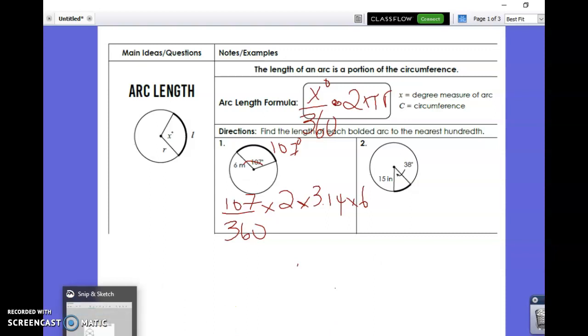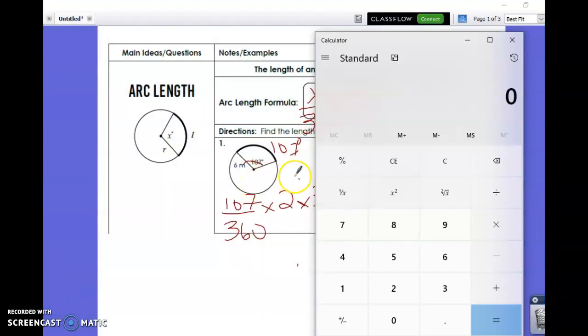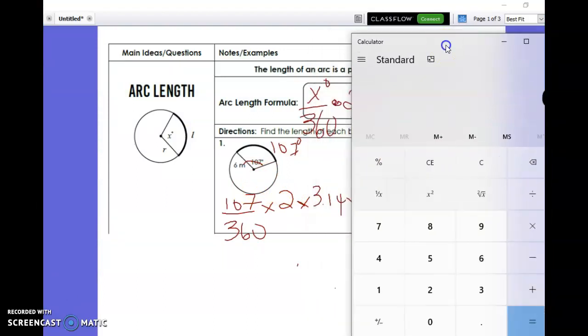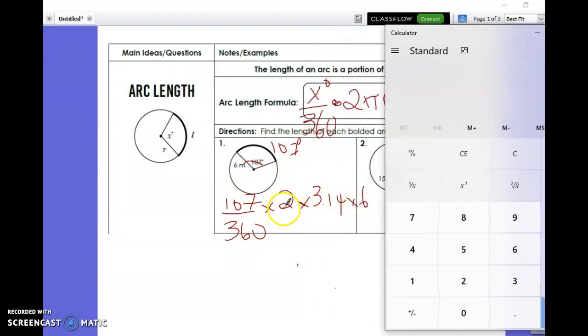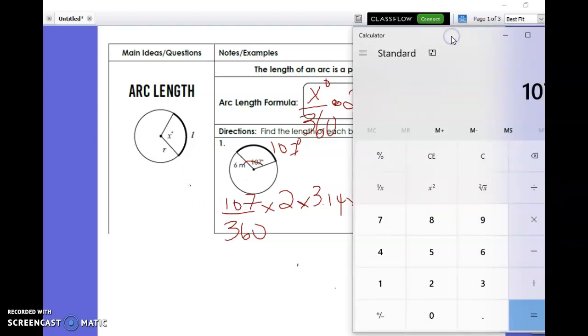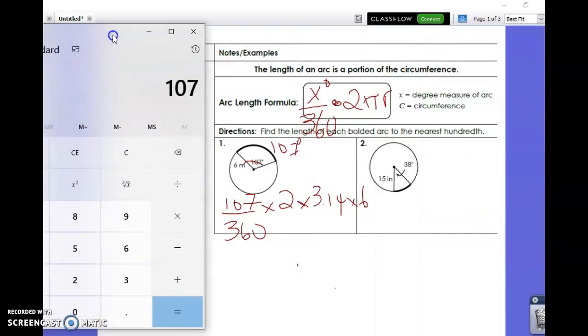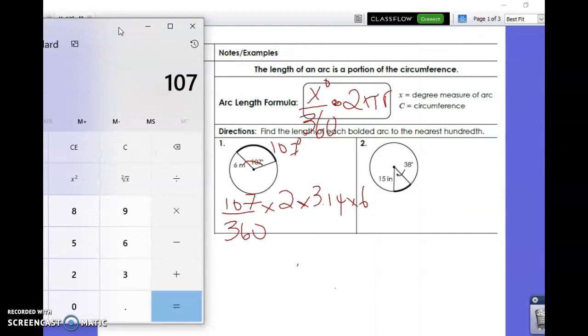So from there we are going to multiply everything. Remember, just like we did last time, we multiply the whole top and then divide by 360. Let me bring it in so we can see. So it's going to be 107, then times 2 times 3.14 for pi, and then times 6.